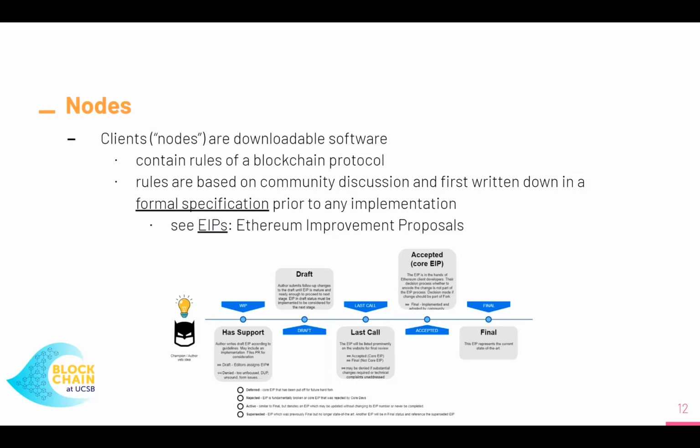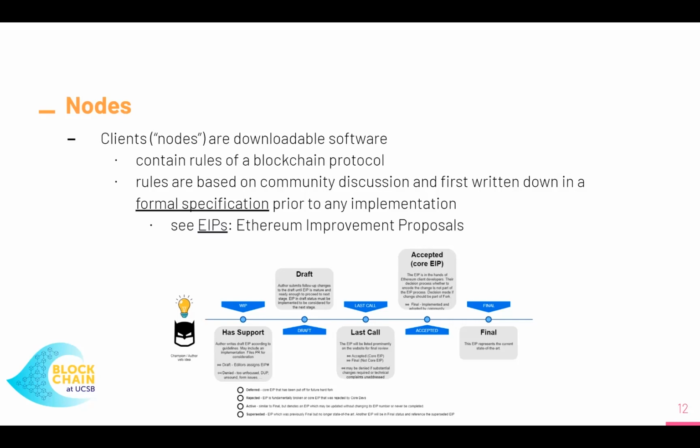The process is that this community discussion occurs, and then eventually a formal specification will be written down. It varies from blockchain to blockchain how this formal specification actually gets implemented. But if the community decides to implement it, then it will go through that process.